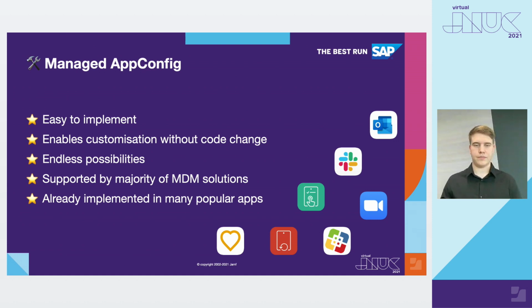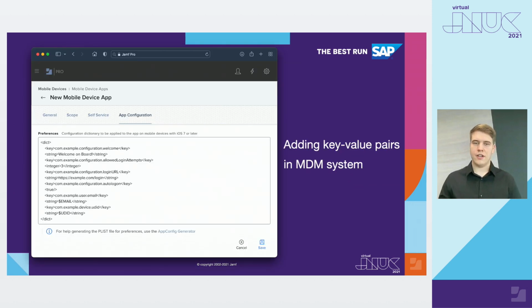capability enabled. And from a technical standpoint, it's actually just an XML directory, which contains key value pairs for the information that you would like to send to devices. You can see on the screenshot right here, which is taken from Jamf Pro, that there's a specific tab in the app entry where you can add the app configuration.